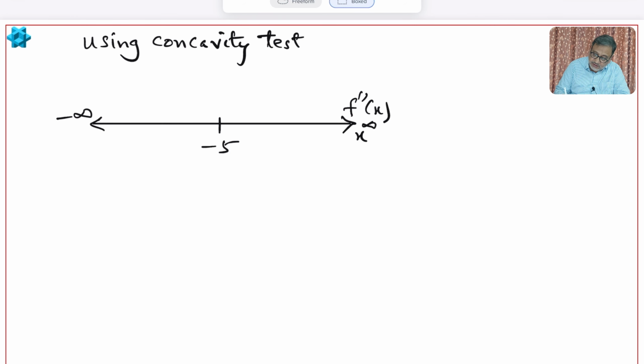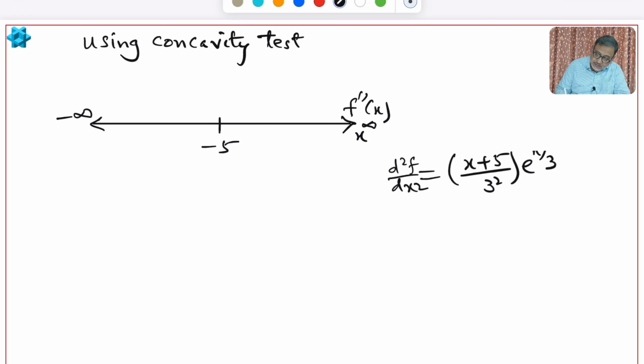Now we will substitute a value on the left of minus 5, say negative 6. When we replace x with negative 6, it will be negative, because e raised to any power cannot be negative, so the sign is negative. Negative means concave down.